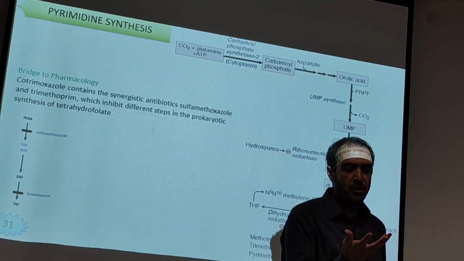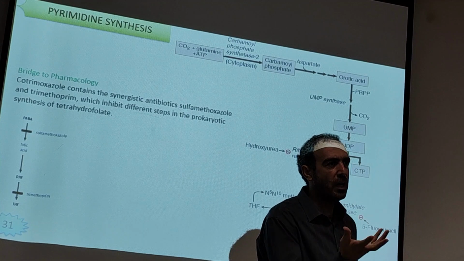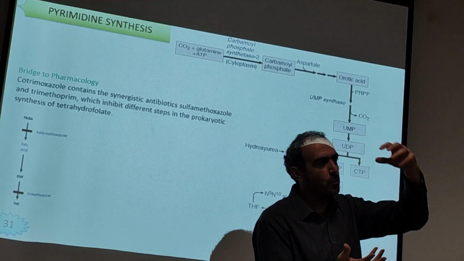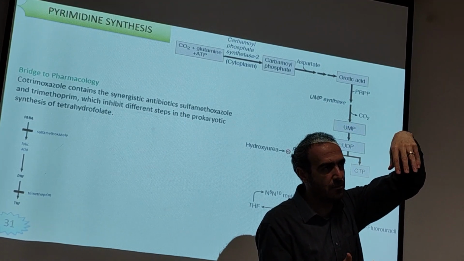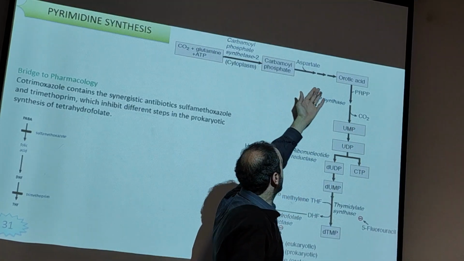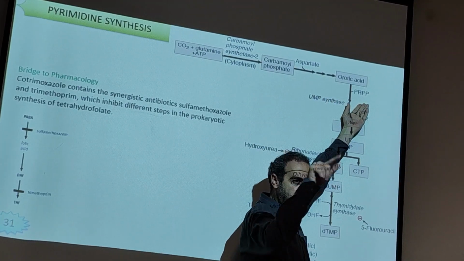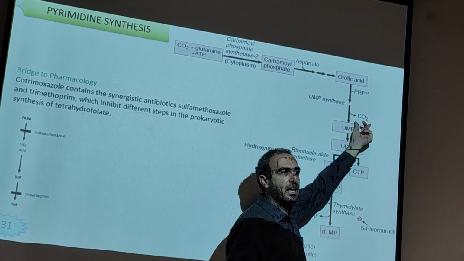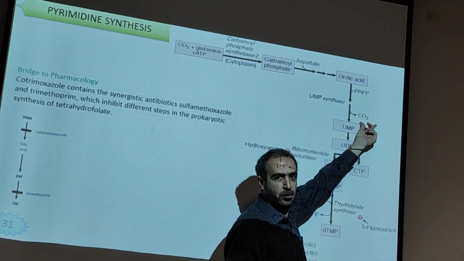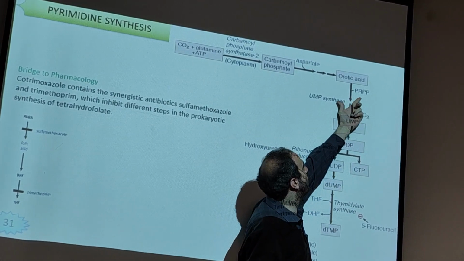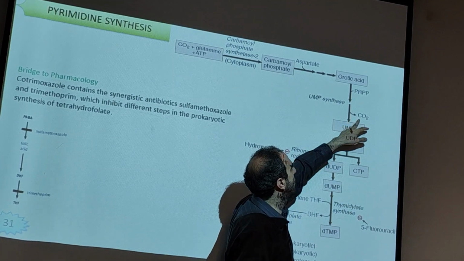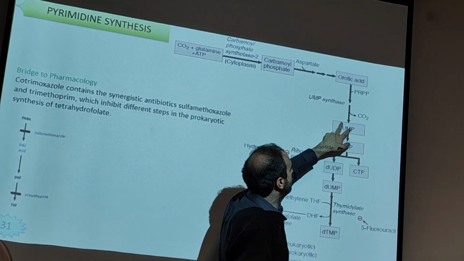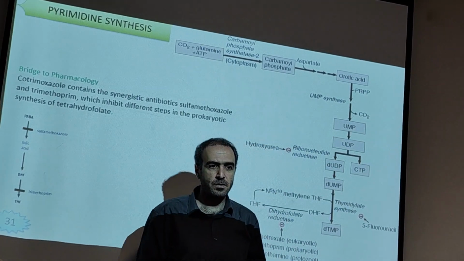In purine production, first of all, we need to have PRPP, and then we can add our atoms. But here, first of all, we produce a pyrimidine base, then we add PRPP, or phosphoribosyl pyrophosphate synthase. Then, by losing one CO2, UMP is produced.